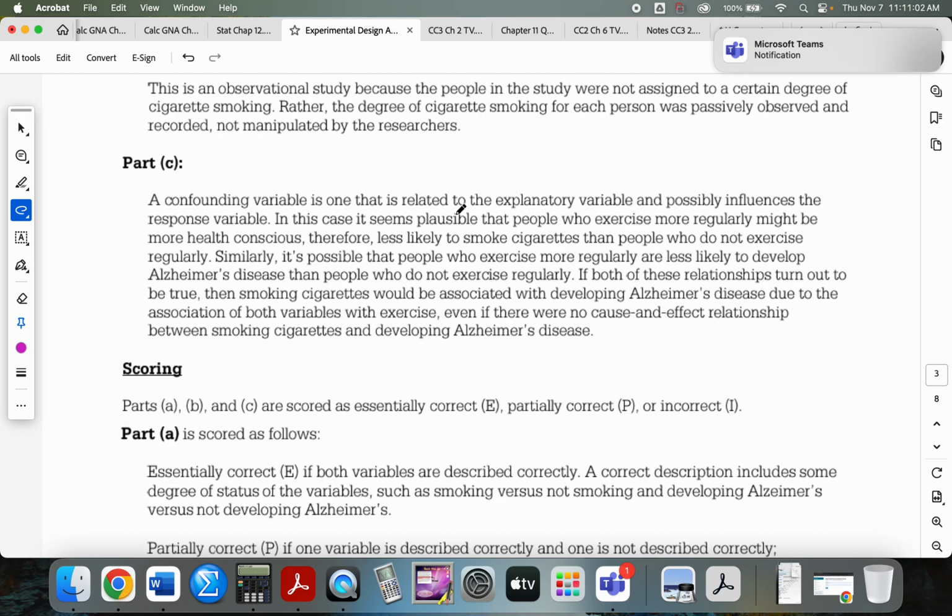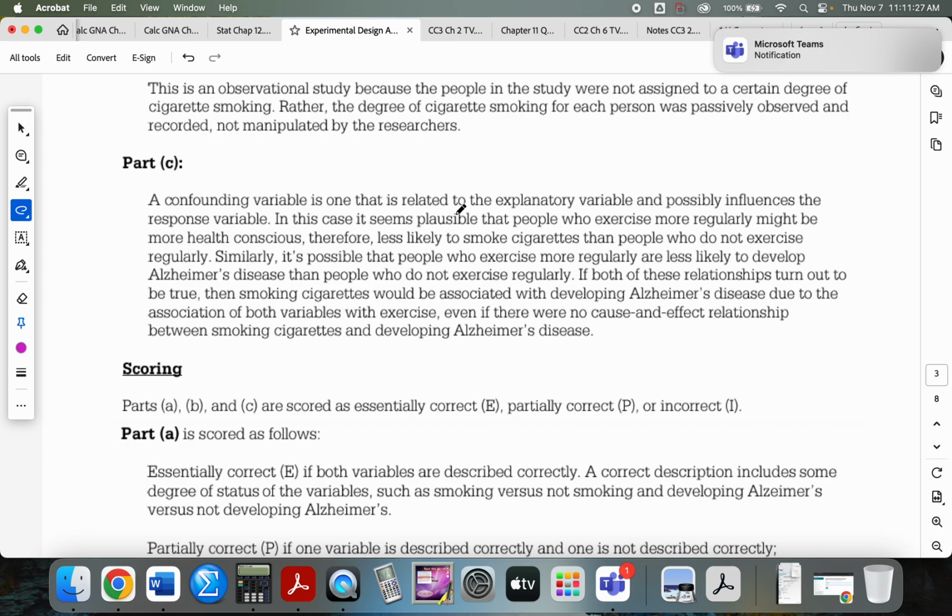Exercise may be related to how much you smoke, and it may have an effect on whether you got Alzheimer's or not. So that's a confounding variable. We can't tell which one is doing it. Is it the smoking or is it the lack of exercise that's causing the problem?